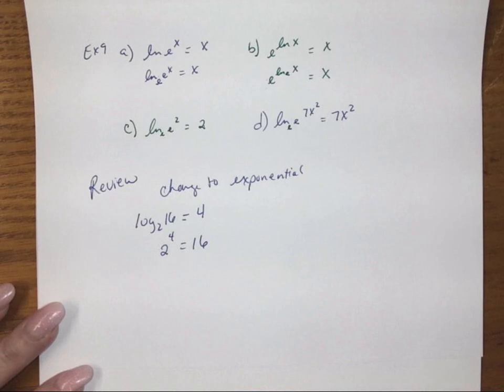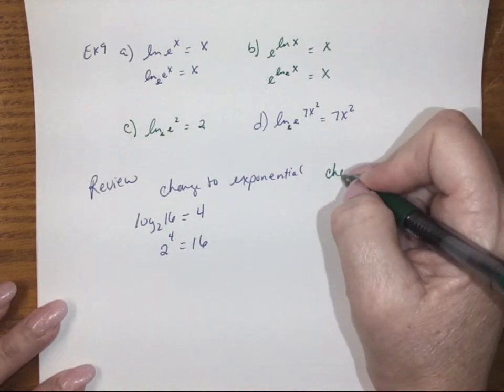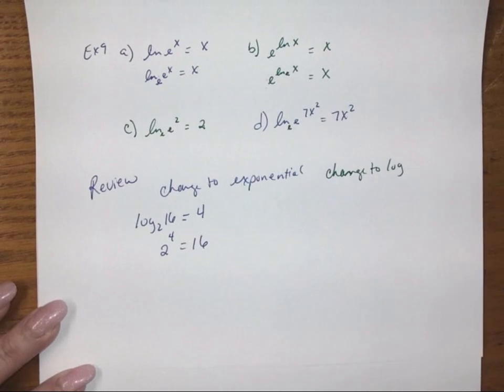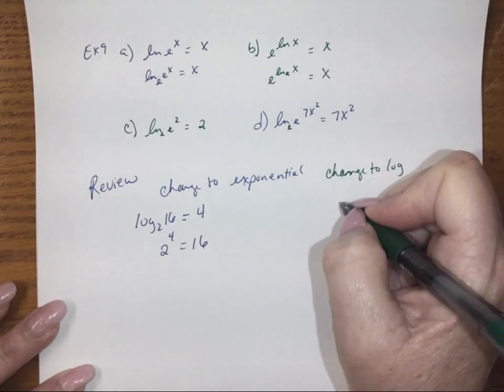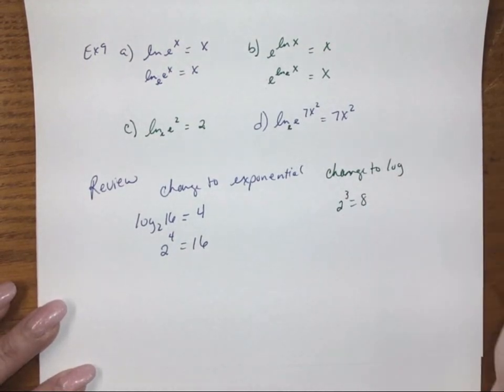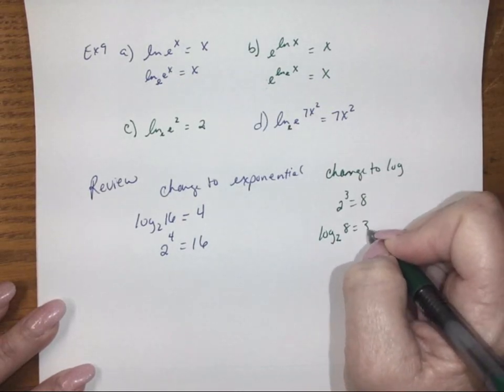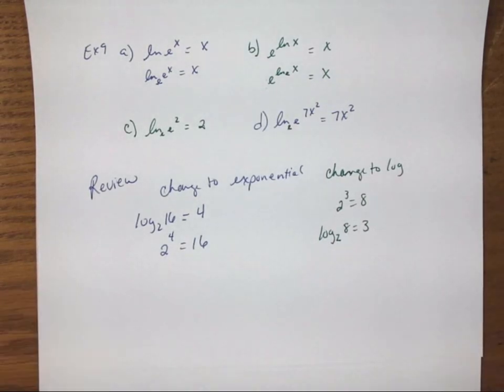If we are changing to log, then we have 2 to the 3rd equals 8. We have log base 2 of 8 equals 3.